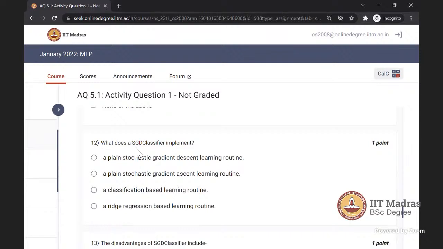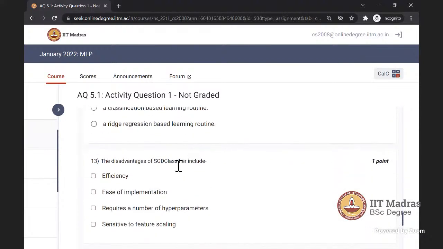Question number 12. What does SGD classifier implement? A plain stochastic gradient descent learning routine, third is classification based learning routine, fourth is ridge regression based learning routine. The first one.